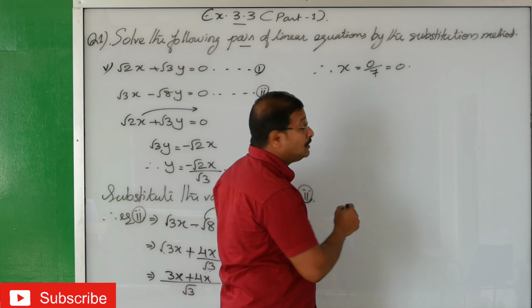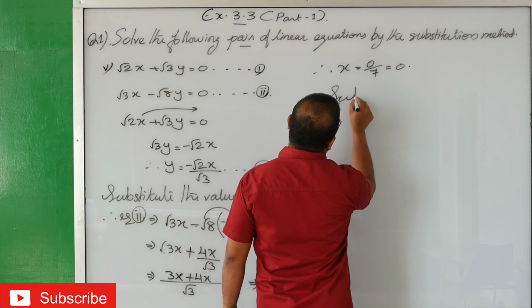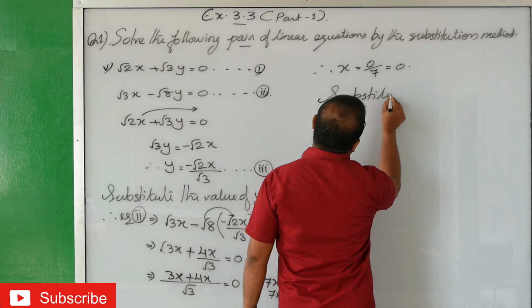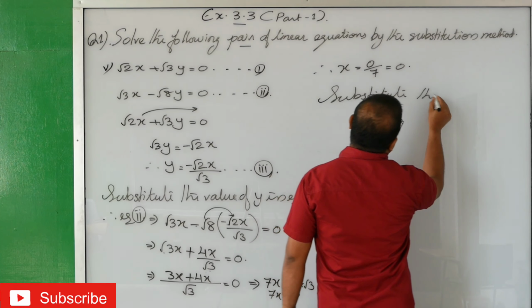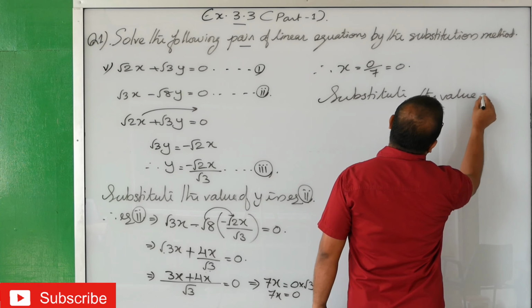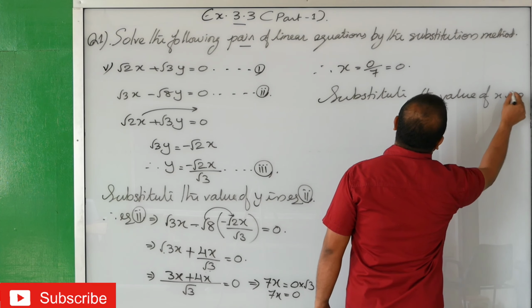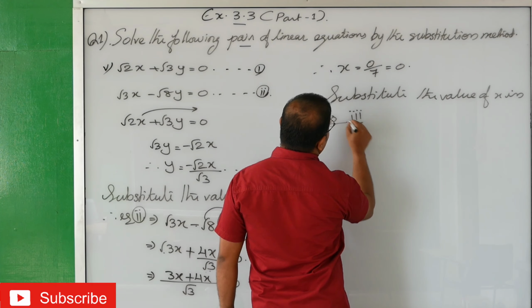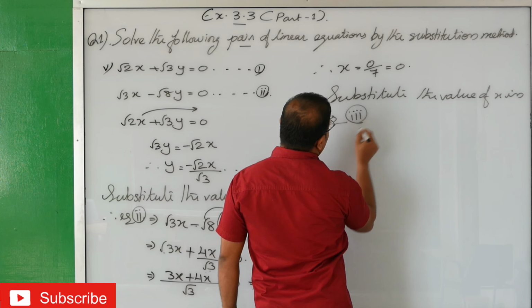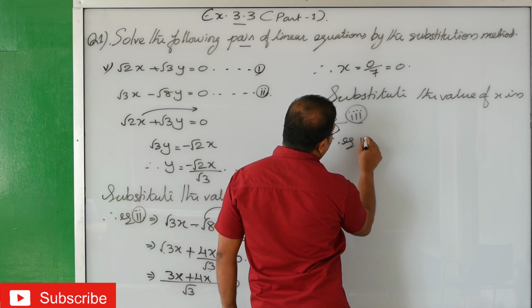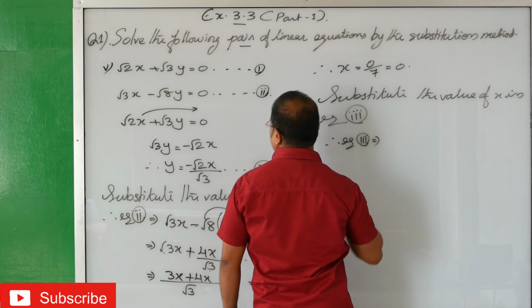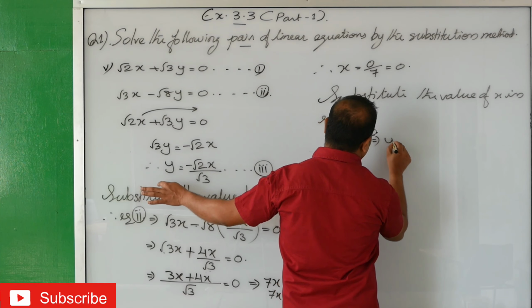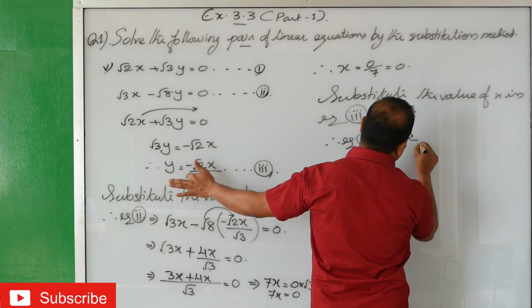Now what will you do? Substitute the value of x in equation 3. Therefore, equation 3 implies, what is equation 3? That is y equals minus root 2.